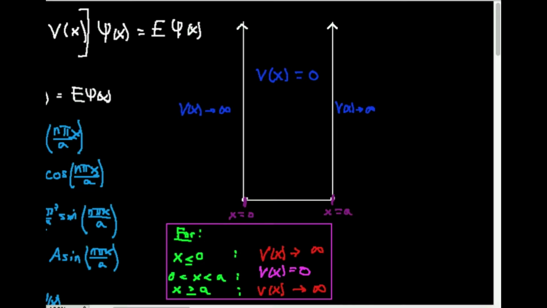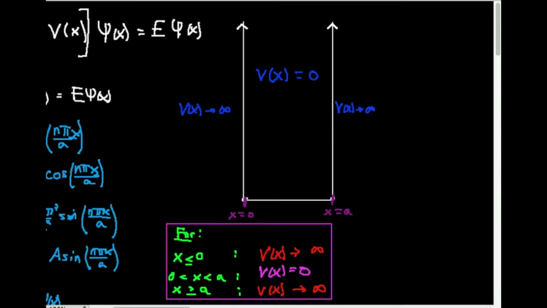So what is the deal with particle in a box? It doesn't actually look like this in real life. We're in something called plane space. But ultimately, we have a range in one dimension from x equals 0 to x equals a, these two points.